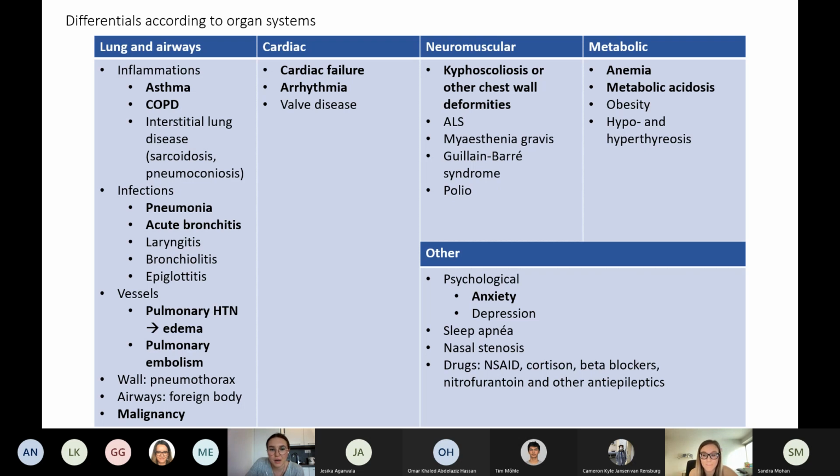I just want to add a few remarks. Under lung, on malignancy, it's important to remember that the cancer itself rarely causes the dyspnea, but the effects of the malignancy on the lungs will cause the dyspnea.